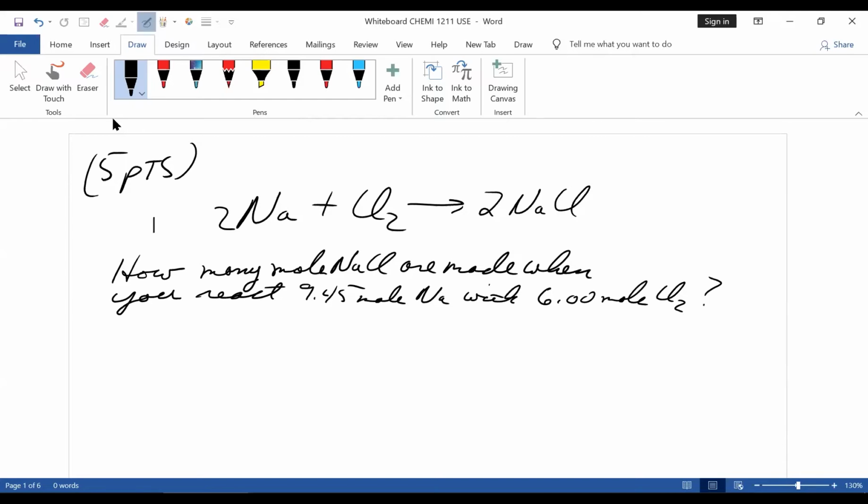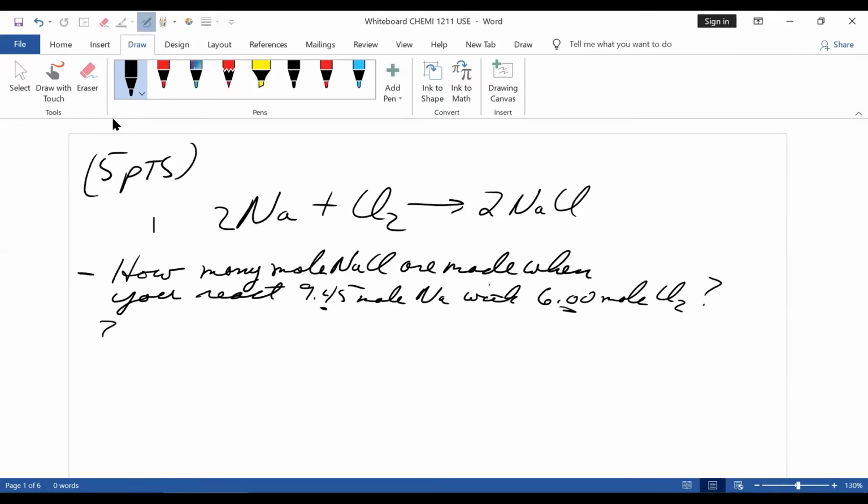So let's take a look at this in case you can't read my handwriting. How many moles sodium chloride are made when you react 9.45 moles of sodium with 6.00 moles of chlorine?